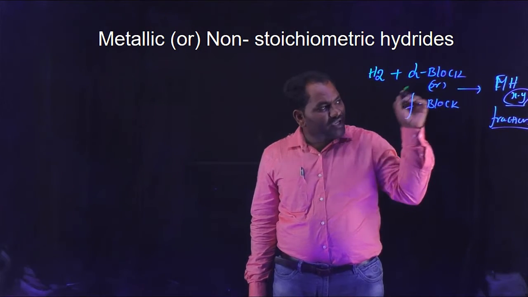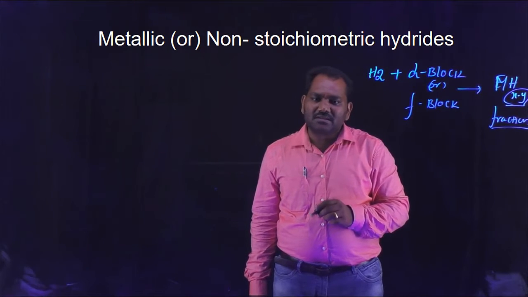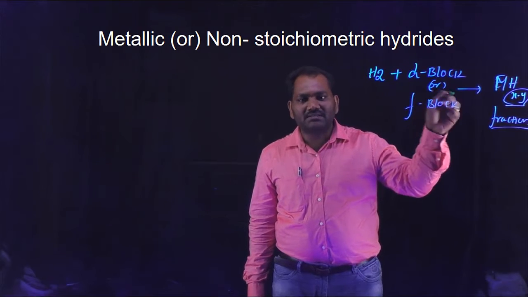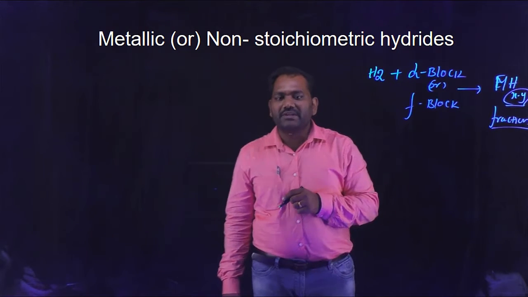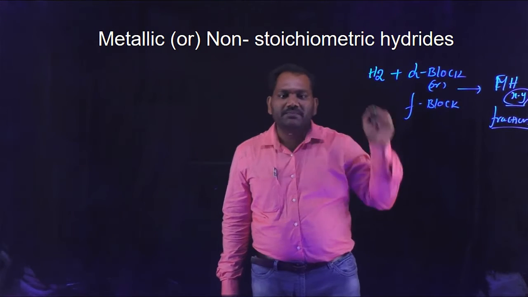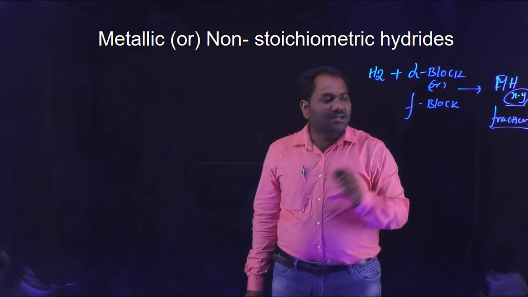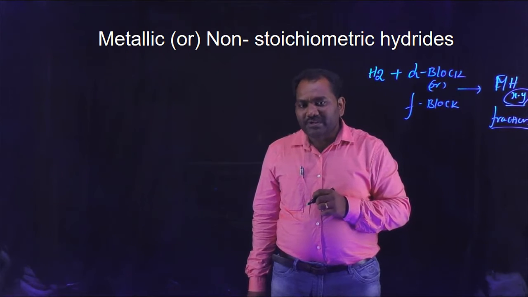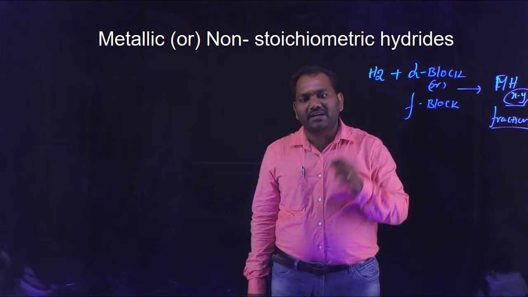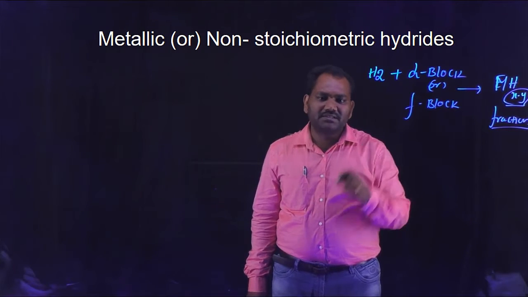Because the ratio of hydrogen is non-stoichiometric. Examples are zirconium hydride, lanthanum hydride, titanium hydride, like that.